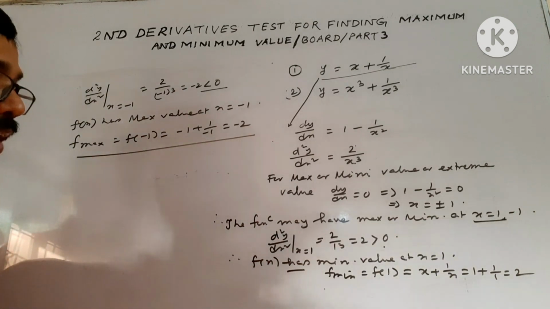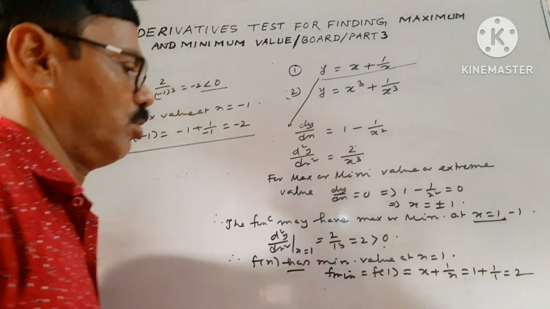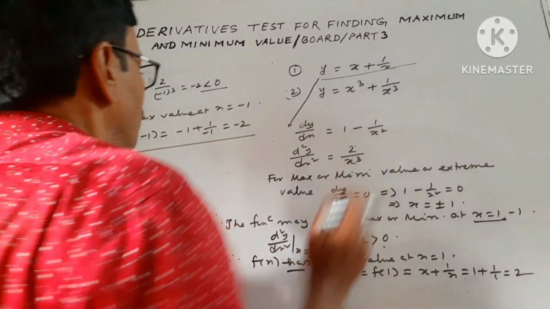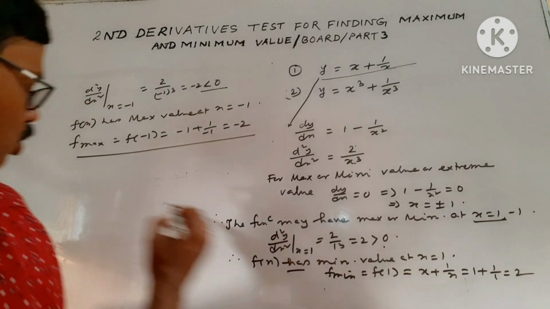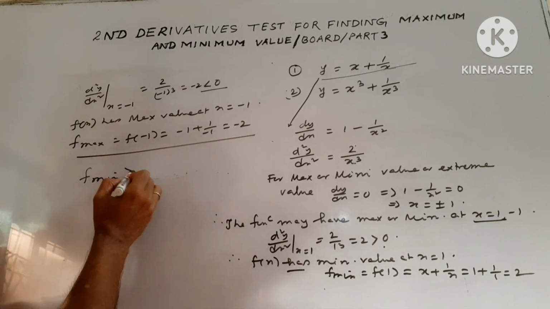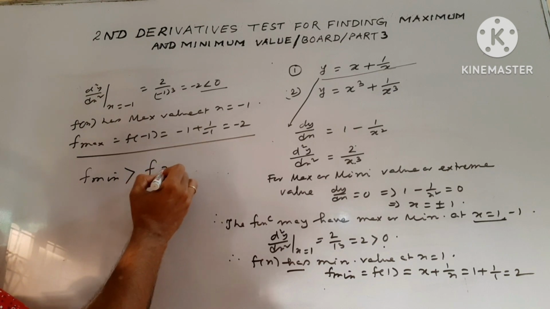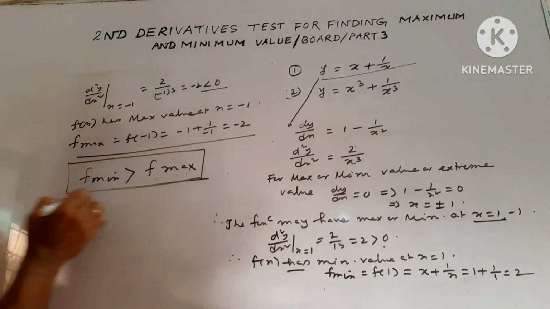Now the maximum or minimum value is obtained by putting the value of x into the original function. What is the minimum value? The minimum value is 2. So f minimum is 2, and what is the maximum? Minus 2. f minimum is greater than f maximum.